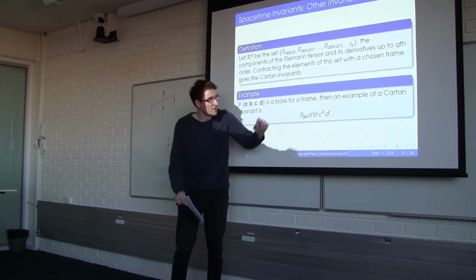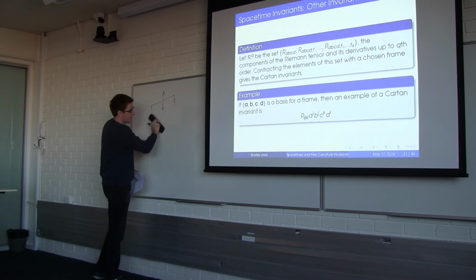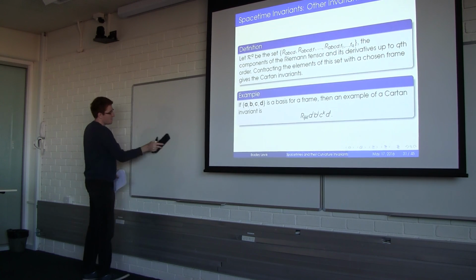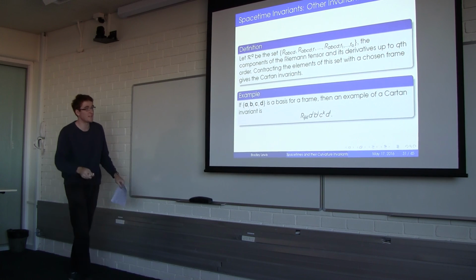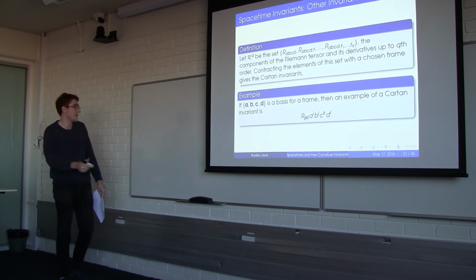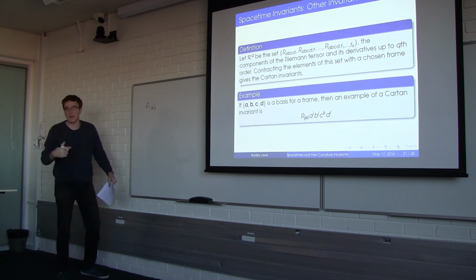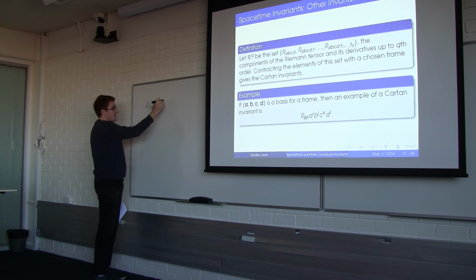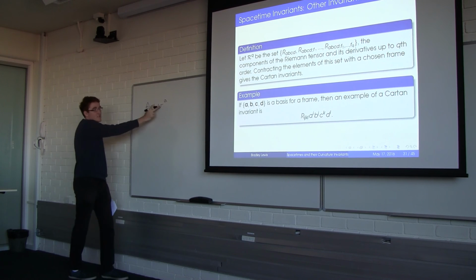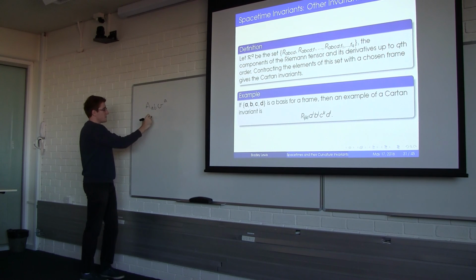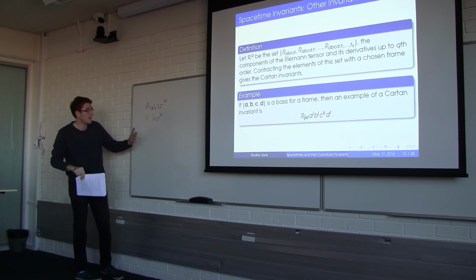So I'll do a little example on the board over here. It should be noted that the a, b, c, d don't actually need to be distinct. So if you consider, rather than the Riemann tensor, let's just consider a matrix A_ab, which will have some eigenvector called V^a. Since this is an eigenvector, contracting gives lambda times V_a for some eigenvalue lambda.